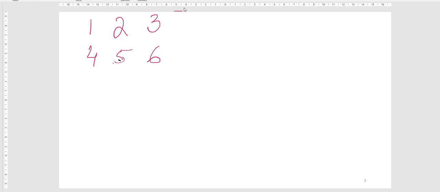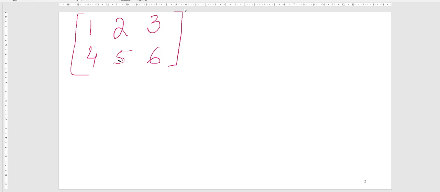Then you have to enclose these real numbers in a bracket. There are different kinds of brackets: small, medium, curly, but you have to enclose these real numbers in a large bracket. This is called a matrix, and a matrix is represented by a capital letter.